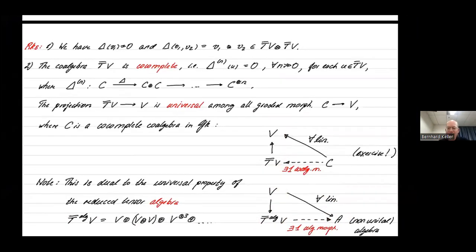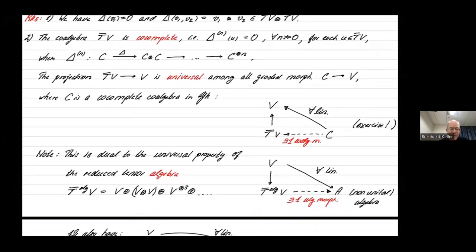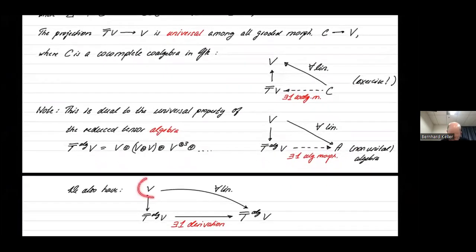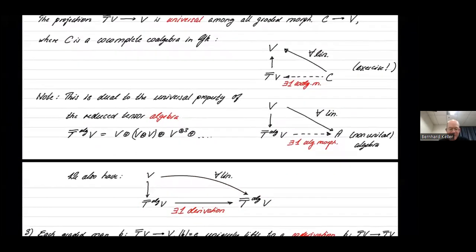Now for a tensor algebra, we also have such a universal property for derivations. If we give ourselves a linear map from V to this graded algebra, for any linear map to this algebra, we can find a unique derivation of the tensor algebra extending this linear map. That's well known and easy to check.